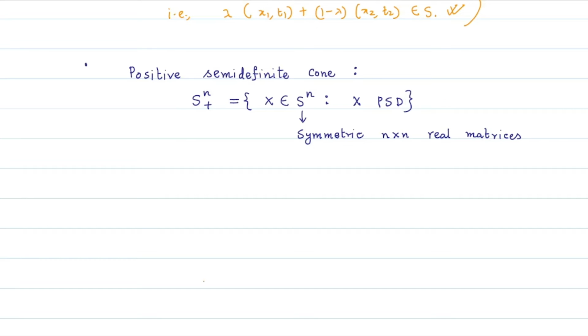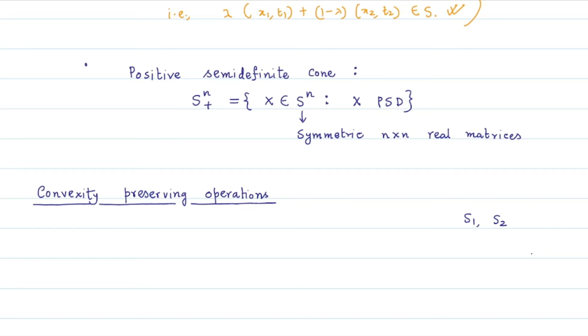Now next I will move towards mentioning a few operations that preserve convexity. Towards this I start with a question. Let's suppose we are given two sets, say S1 and S2, which are both convex. I ask you whether their union and intersection are convex sets.